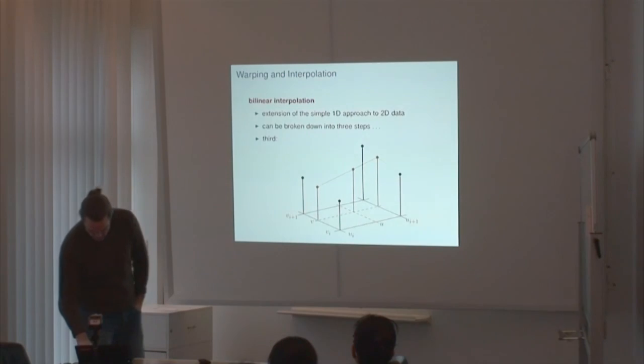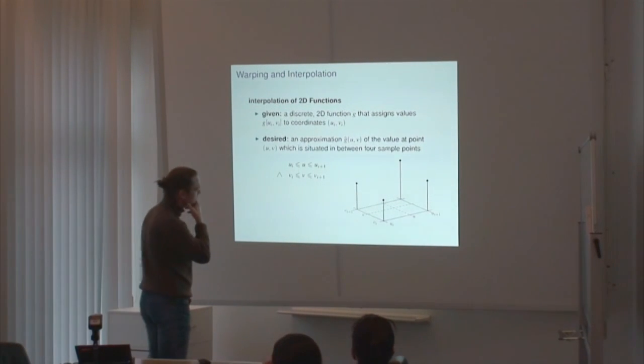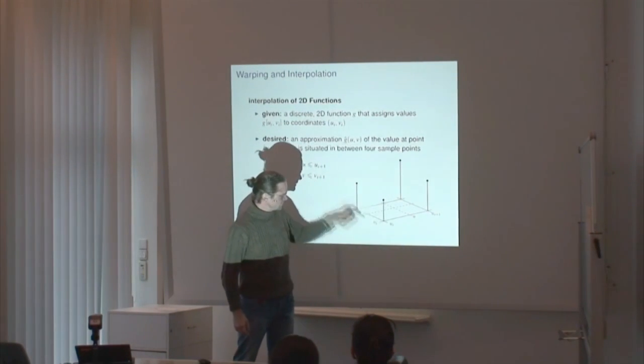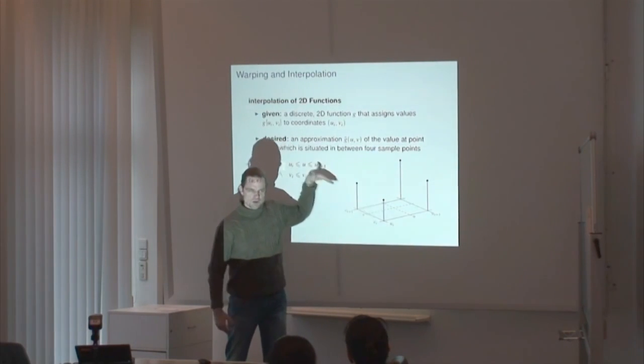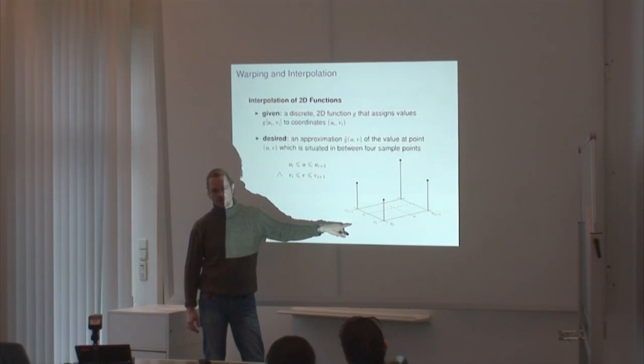Let me go back to here. What if this was, I don't know, u0 and so this is basically the left boundary of the image, and this u would be here. How would we interpolate a function value at this point?